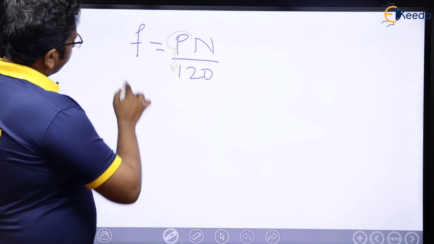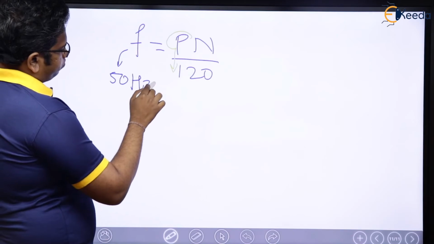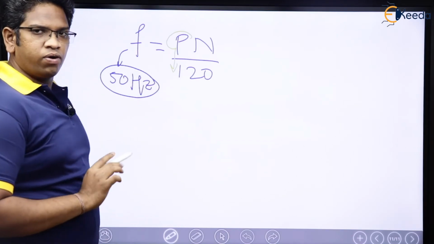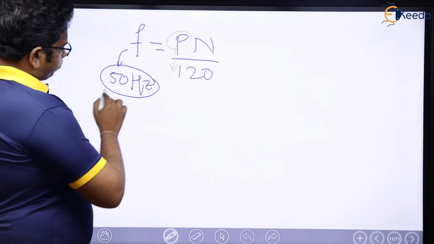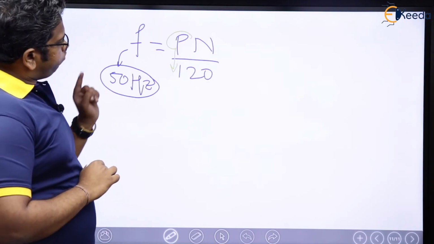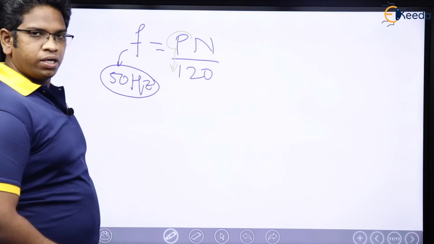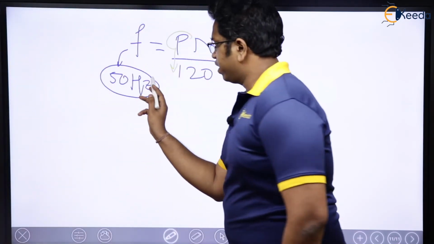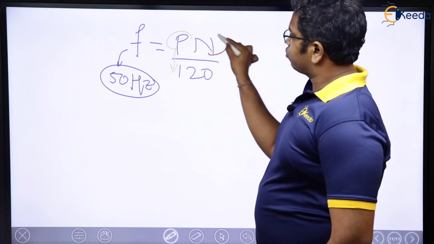See here, I know that I want a frequency of 50 Hz in India. So if my poles are reduced, if I want to have 50 Hz frequency and my poles are reduced, which means speed has to be increased or not?